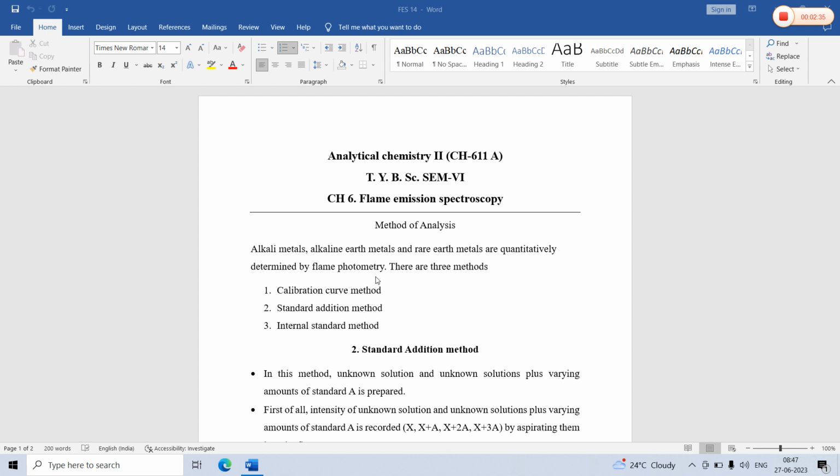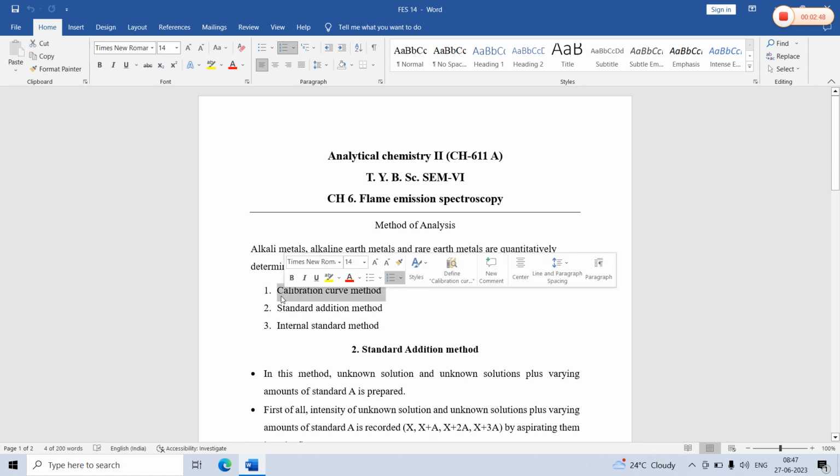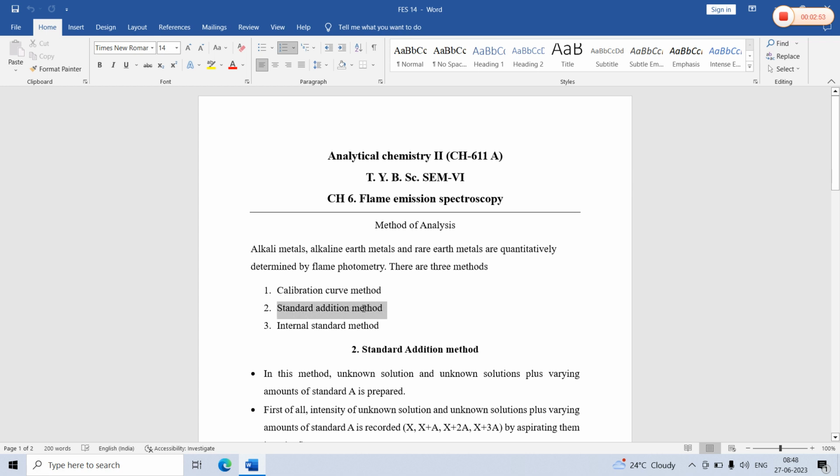We know the slope from the graph, and we calculate x, and that x is nothing but the unknown concentration. So that is all about the calibration curve method.